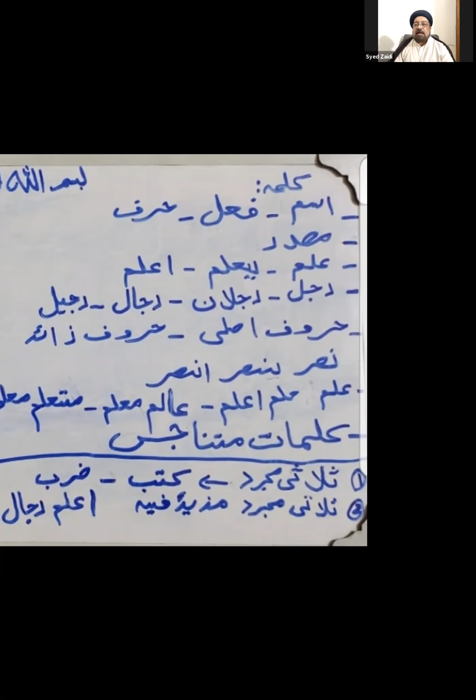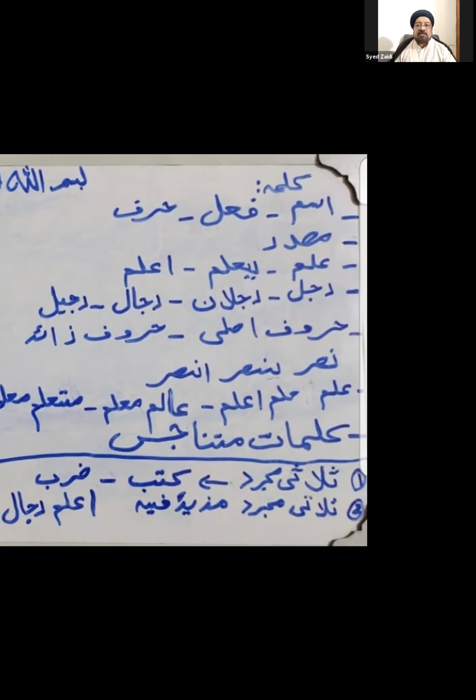So once you go back from fi, that pronoun goes back to thulathi mujarrad. If there are extra letters in the 3-letter word, that word is called thulathi mujarrad mazidun fi. For example, i'lam and rijal.